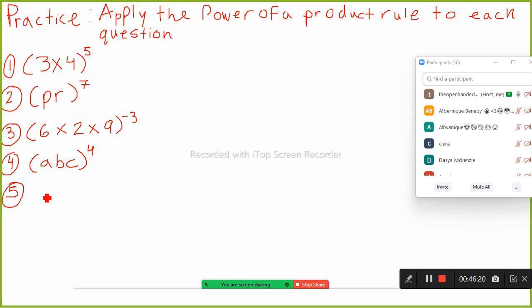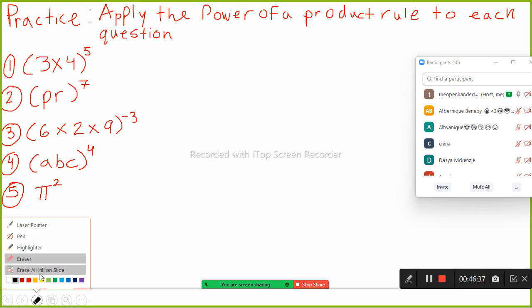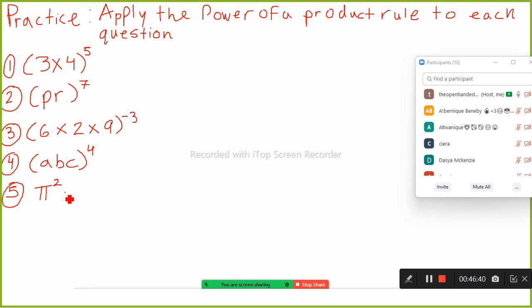Let's say we have pi squared times P to the -3 and N to the power of 5, all raised to the power of 9.